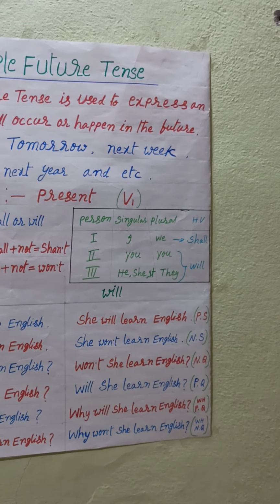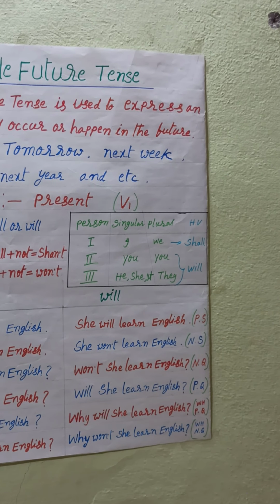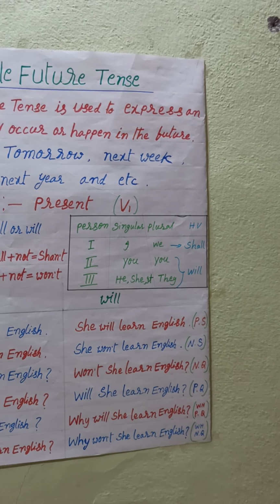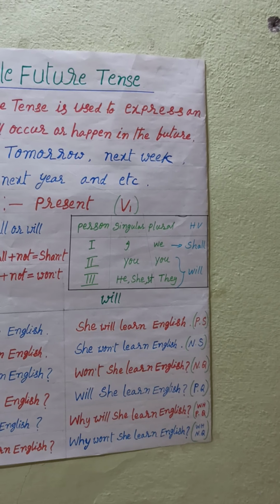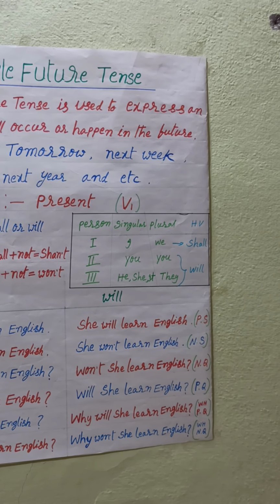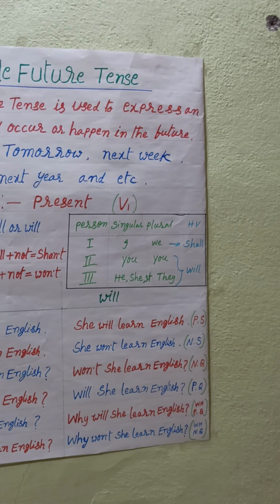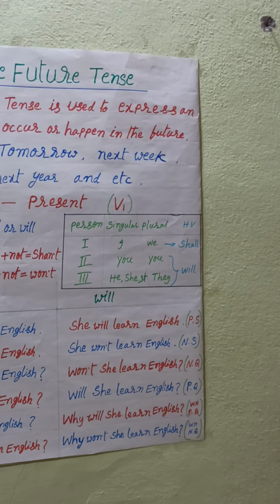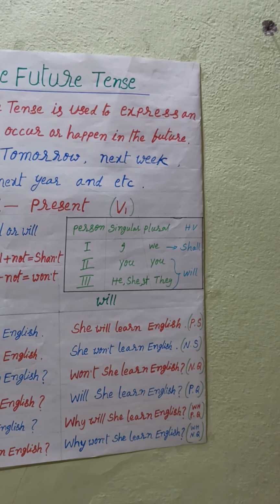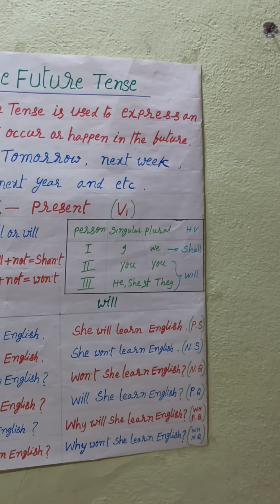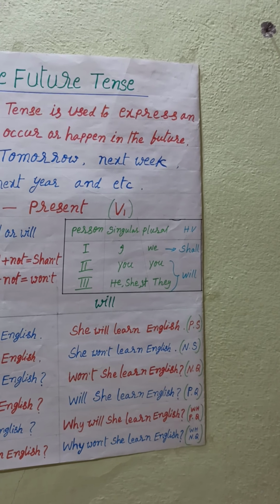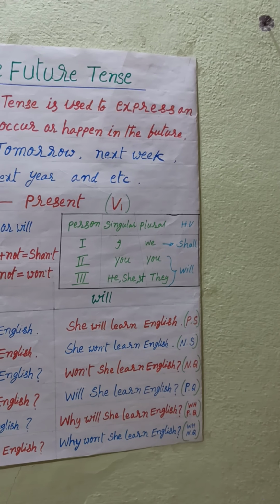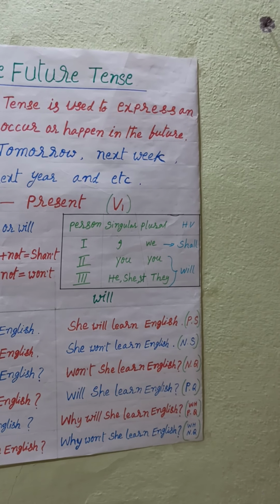Will is used with second person, that is you, and third person, he, she, it, singular, plural is they. Persons are totally 7. They are I, we, you, they, he, she, it.